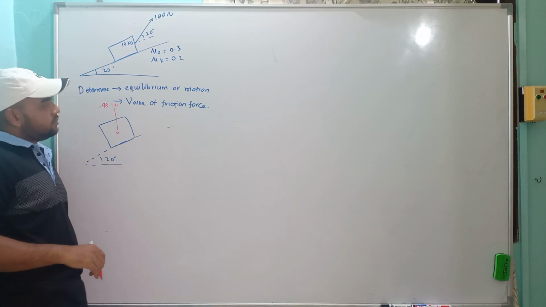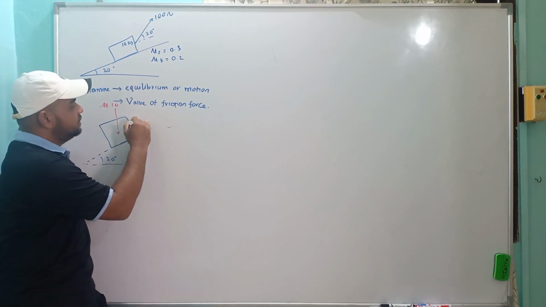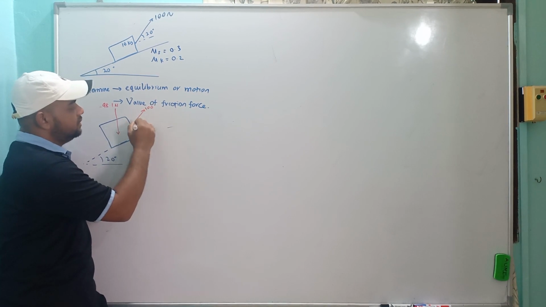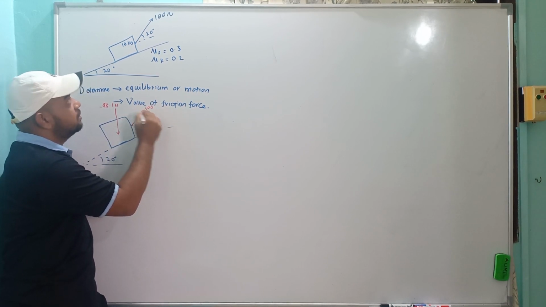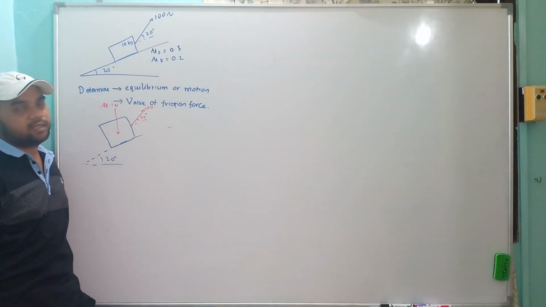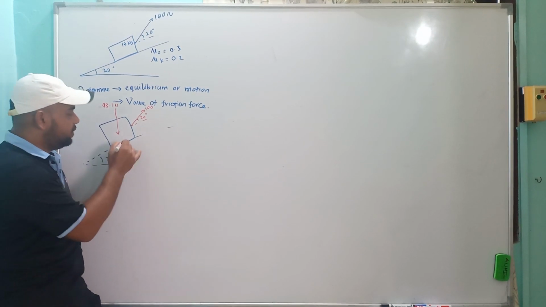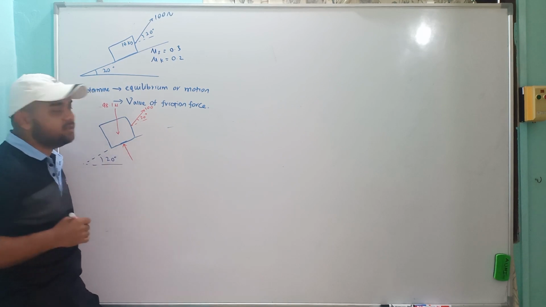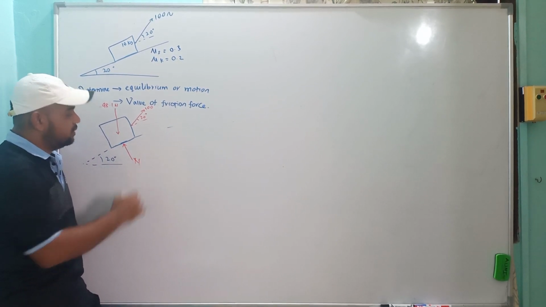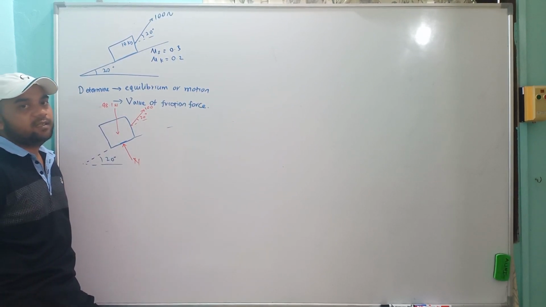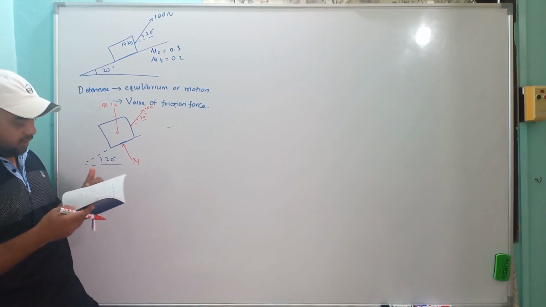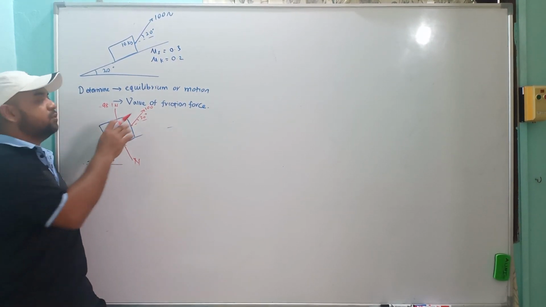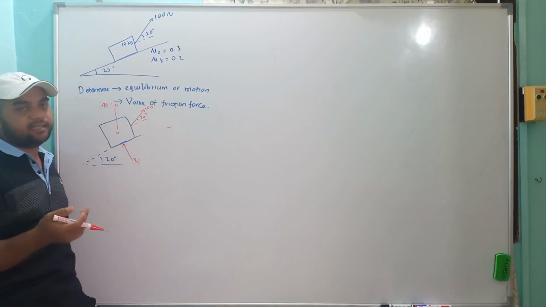Then we have this 100 Newton external force with angle 20 degrees, and then a normal force at 90 degrees to the surface toward the component, and a friction force. For the friction direction, it depends.